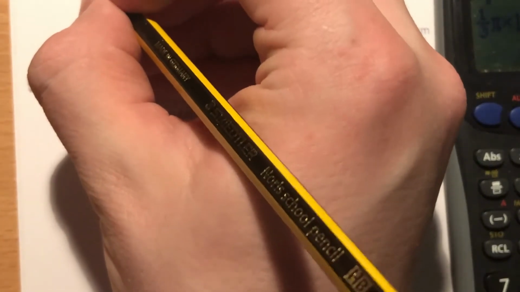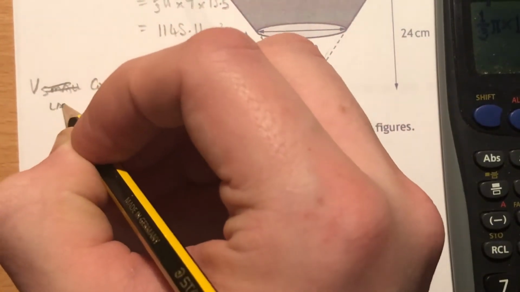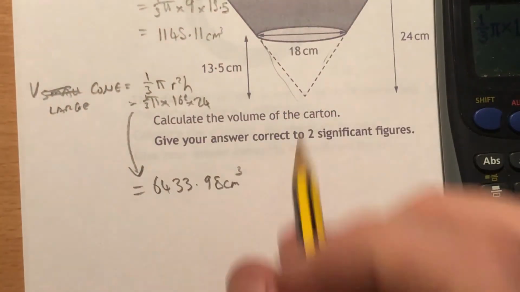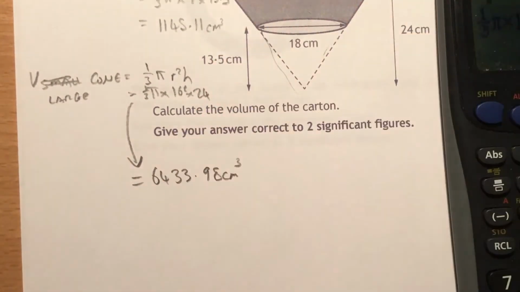I've got them the wrong way around. That should be the small one, and that one there should be the large. Okay, otherwise it doesn't make sense. The small one's the one at the bottom, the big one is the large one.